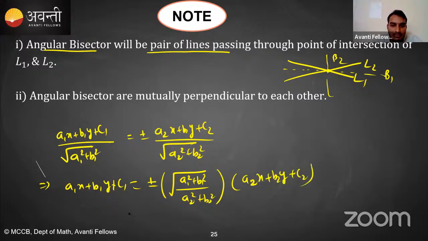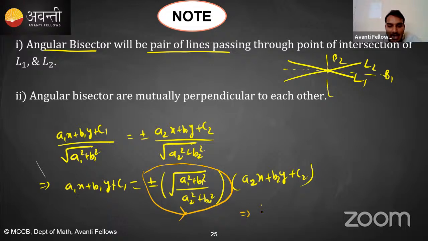Now let's assume that this whole thing is lambda. These a1 b1 a2 b2 are all constants, so putting in their values we get some constant, and plus minus doesn't matter, assume it lambda.